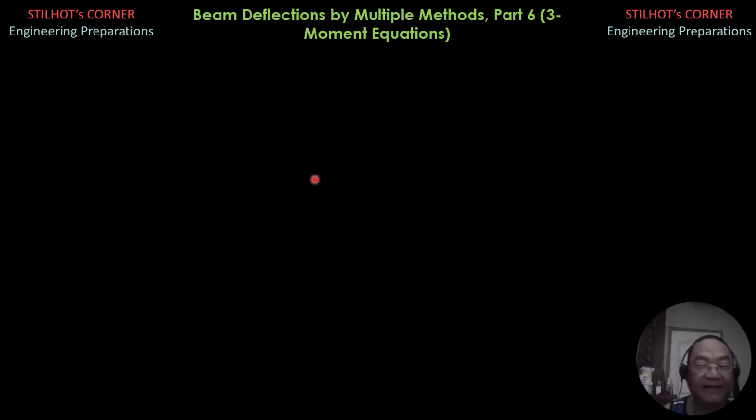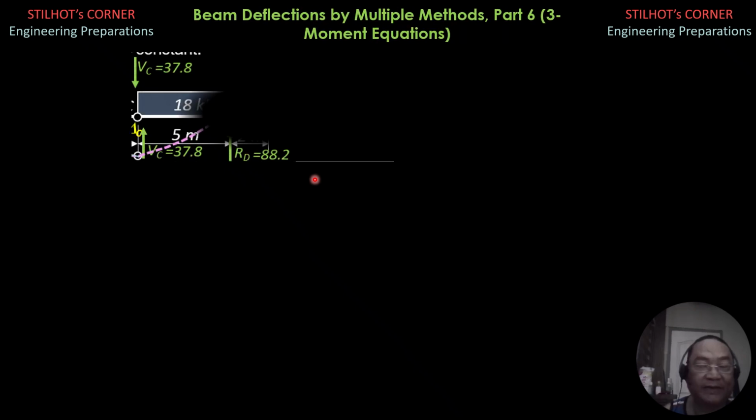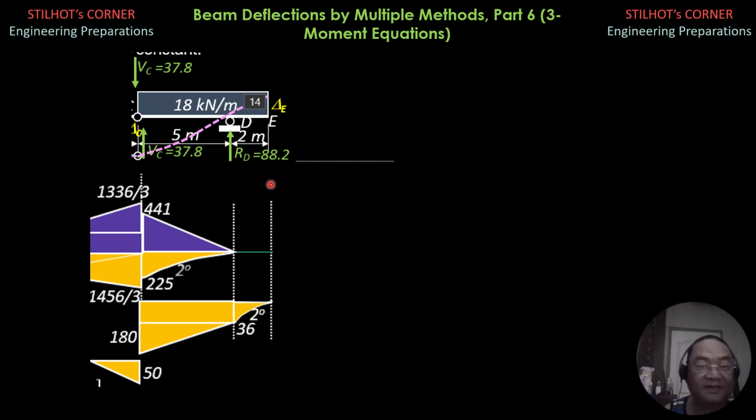So to continue, let's compute theta C right and theta E. Take note that we already computed delta E and delta C. So we draw tangents at C right and at E. As I said, you can use the solutions.